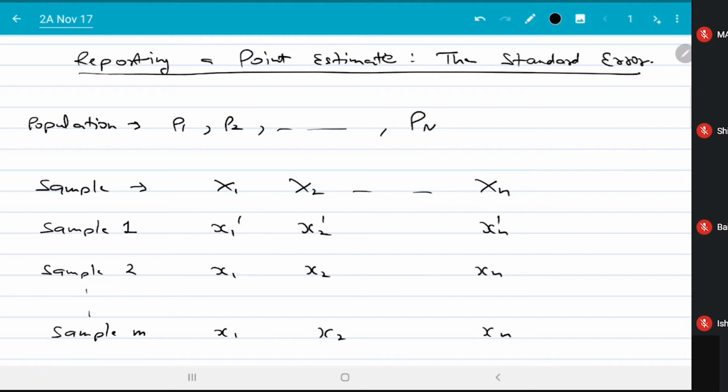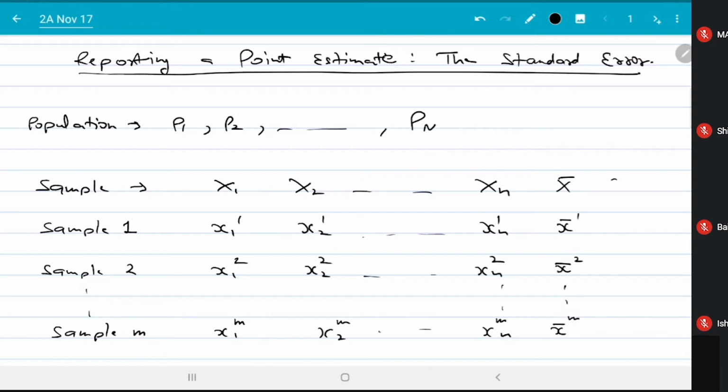Just to differentiate, let me put superscripts here to denote which realization this is. If we have a sample, we can have a sample mean as well, and we would have realized values of the sample mean. The superscripts are for the samples.